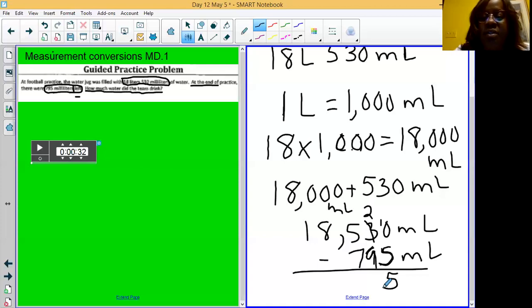Okay, now I'll continue with the subtraction. 9 from 2, I can't take it. So my 5 becomes a 4. And now this is 12. 12 minus 9 is 3. I can't take 7 from 4. I go to the 8, regroup it.